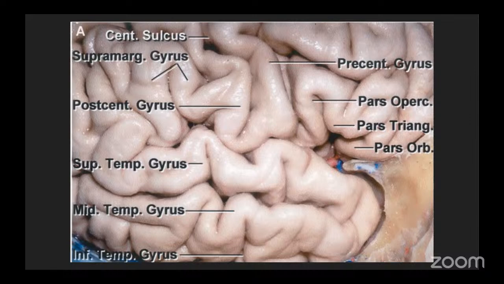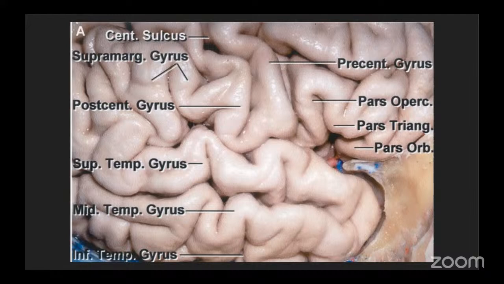So part of the superior temporal gyrus, the supramarginal gyrus and the angular gyrus all make up Wernicke's area, right? Whereas pars triangularis and pars opercularis are Broca's area. So the Sylvian fissure is intimately connected with all the language areas.